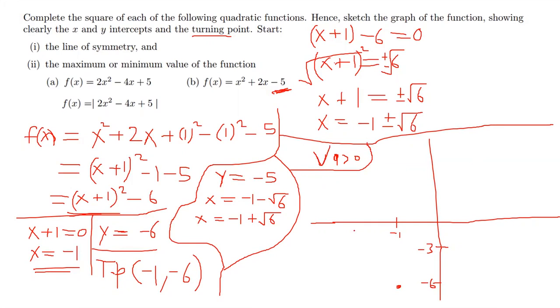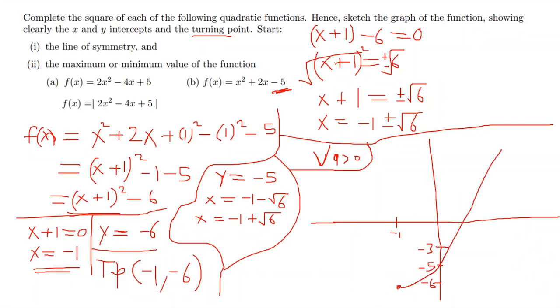So now, let's quickly sketch this graph. This is my turning point, and then my y-intercept is -5. I'll write it somewhere there, -5. So I'm going to sketch my graph. It will cut the y-axis at -5.